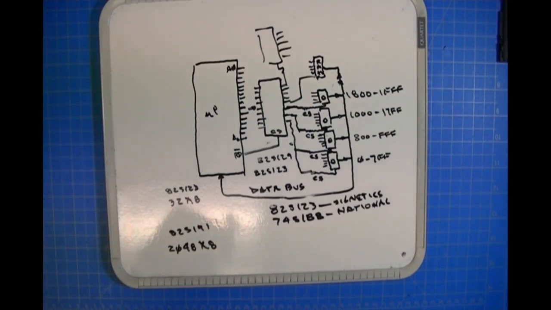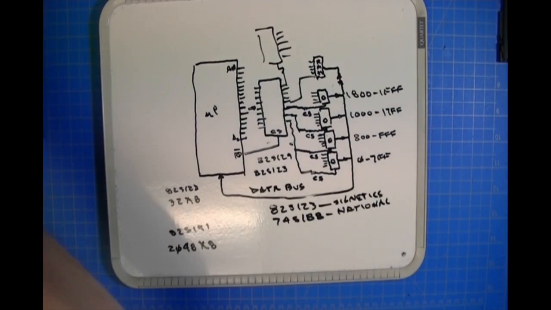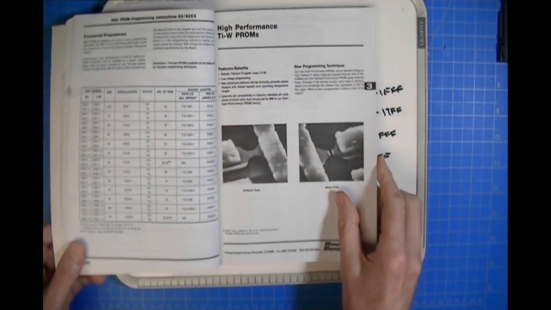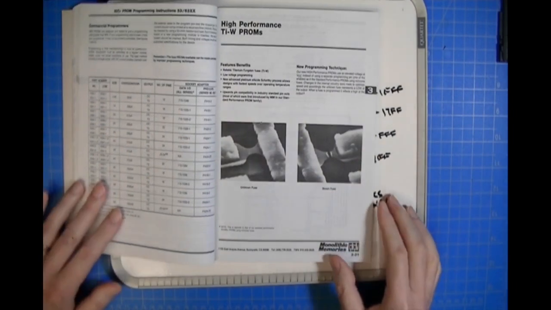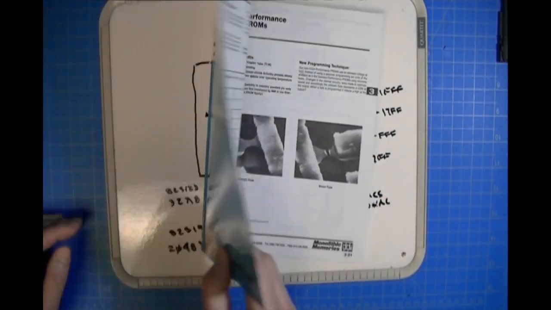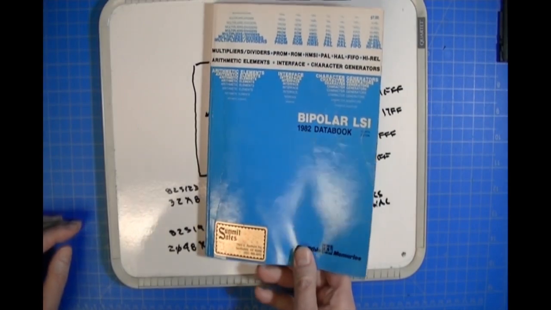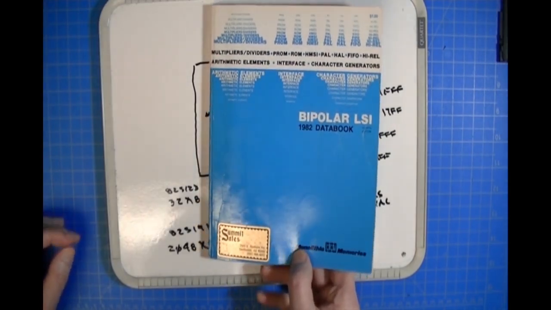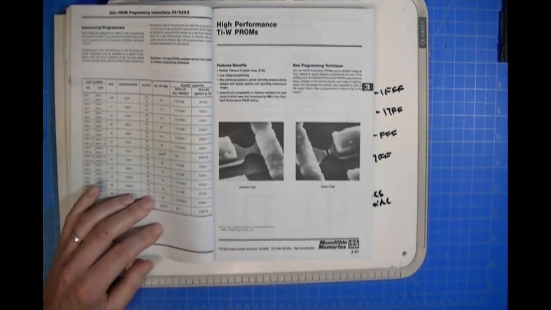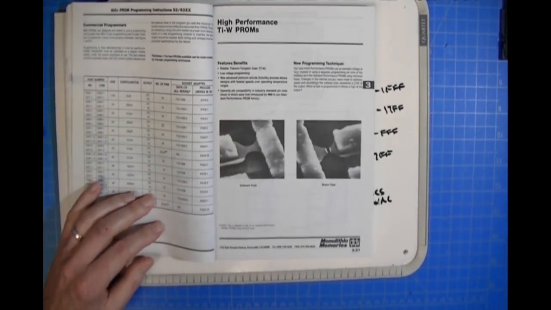When you're dealing with a bipolar prom, I have an illustration here which I will show you what happens. This is not a Philips Signetics, but it gets the point across. This is a bipolar prom data book from Monolithic Memories, which was yet another supplier. They're gone. Monolithic Memories is gone. Let me zoom in here so we can get a closer look at this.